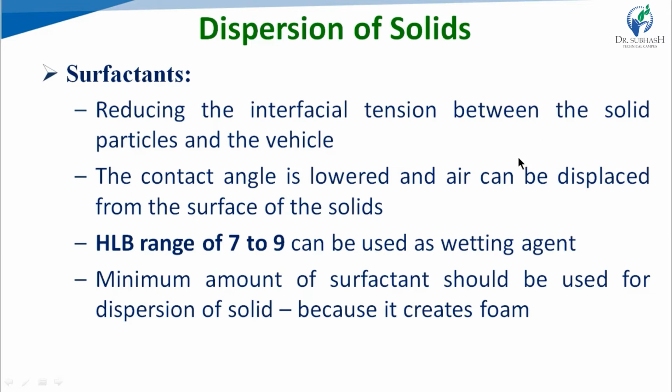Here, as a surfactant, we should use an HLB range of 7 to 9. HLB is the hydrophilic lipophilic balance. On the basis of this HLB, we can decide the surfactant that should be used as a wetting agent. So a surfactant with an HLB in the range of 7 to 9 should be used as a wetting agent for dispersion of solid.